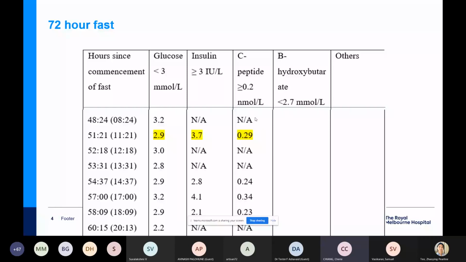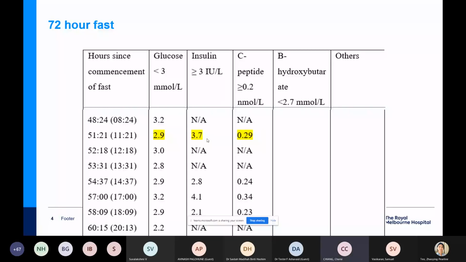As all of you are aware, the synthetic insulins have differential cross-reactivity with different immunoassays, and so the Abbott Architect tends to recover synthetic insulin, and we usually can pick that up because not only do you have a low glucose, you have a very non-physiologically high insulin in the hundreds, whereas the Roche insulin assay does not tend to pick up the synthetic insulin, and you tend to have a very low or undetectable result.